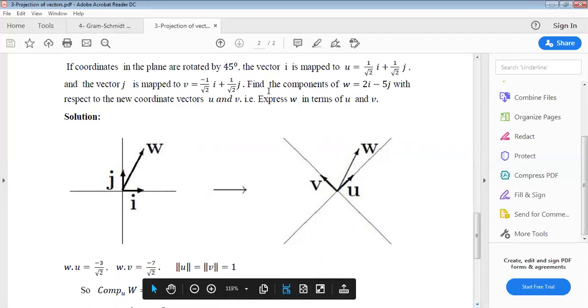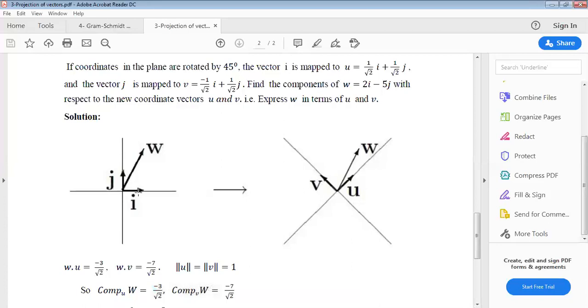What is given? i is mapped to u when this i vector is rotated 45 degrees anti-clockwise. So rotating this, we get 1 by root 2 i plus 1 by root 2 j. That is our u vector.